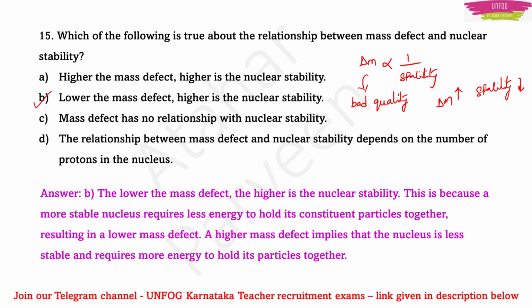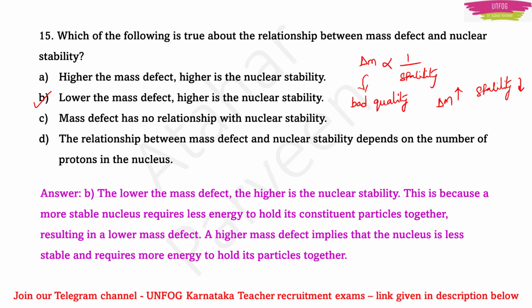So option B is the correct answer, because more stable nucleus will require less energy, because less energy is needed to hold the constituent particles together. Means your nucleus is stable. If nucleus is stable and is having less energy, it means mass defect is less, because mass defect is nothing but binding energy, right?